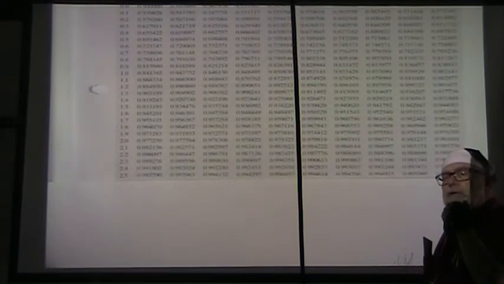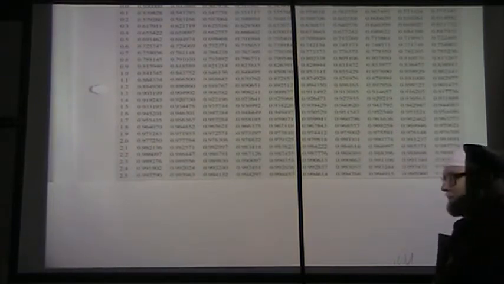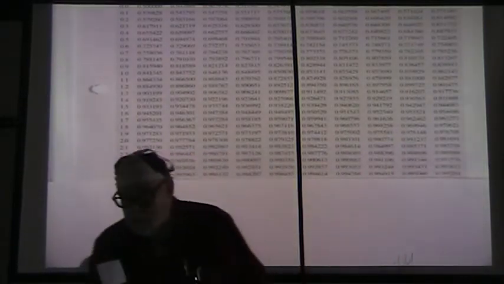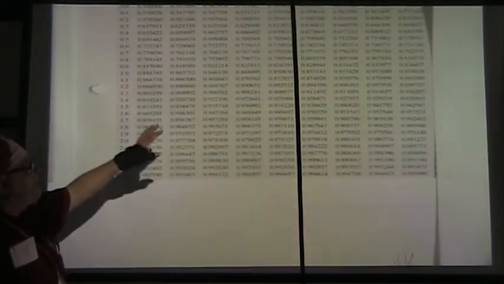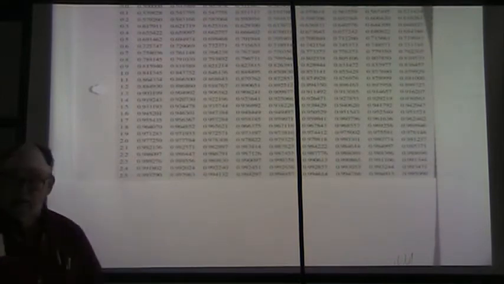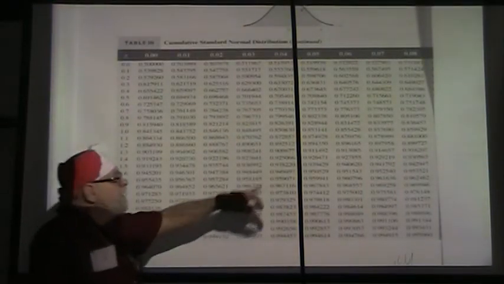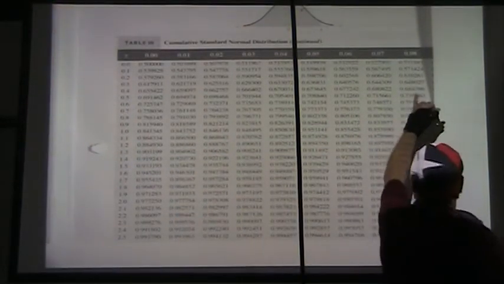Where have I heard that before? All right, so I put down my other piece of paper, so I make it very easy to find my numbers. I'm going to go up 2.5 plus 0.08.